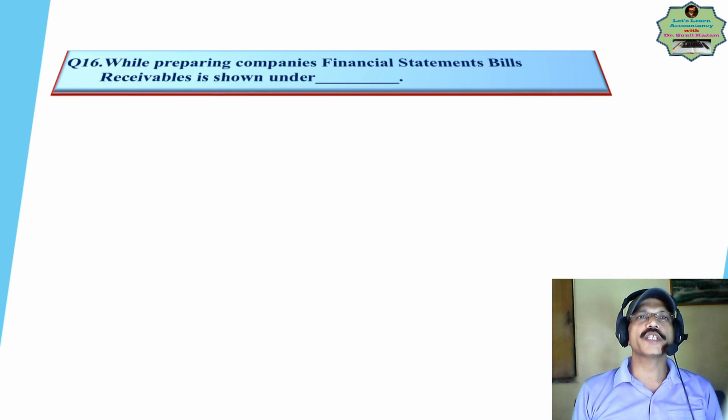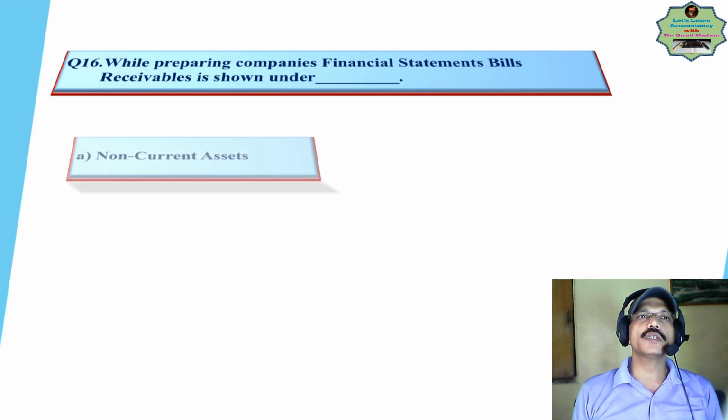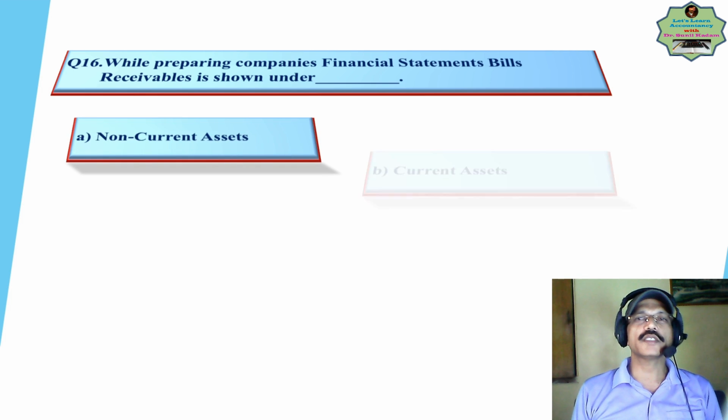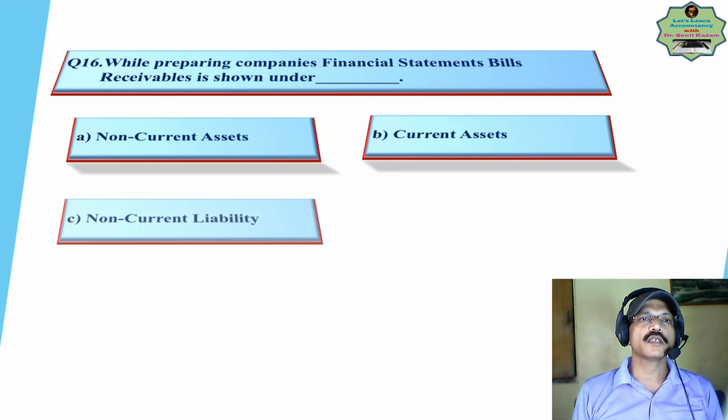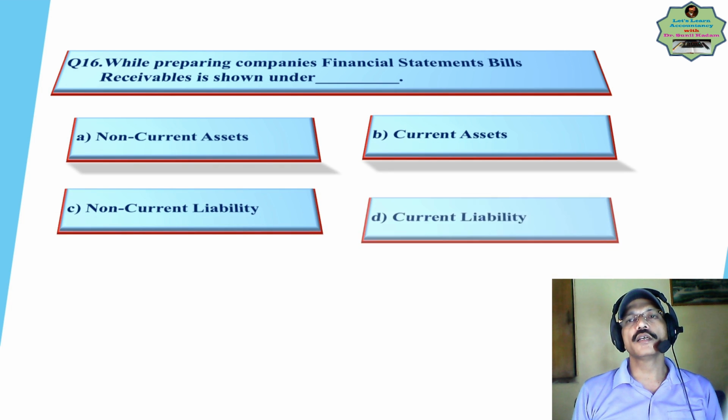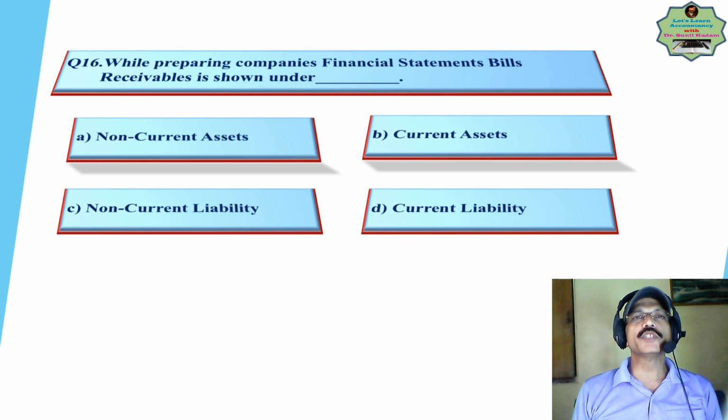The 16th objective is: while preparing a company's financial statement, bills receivable is shown under dash dash. Let's see what the options are. Non-current asset, current asset, non-current liability, current liability. It's bills receivable. Now let us understand the difference between current and non-current.